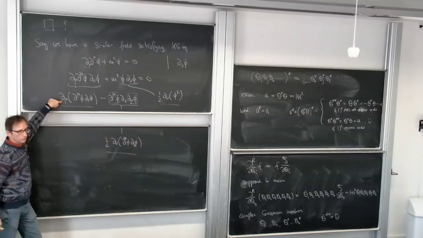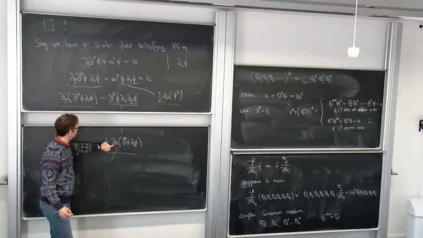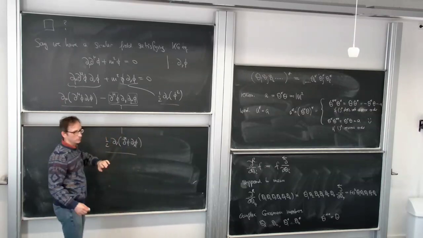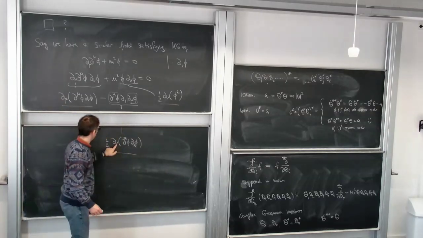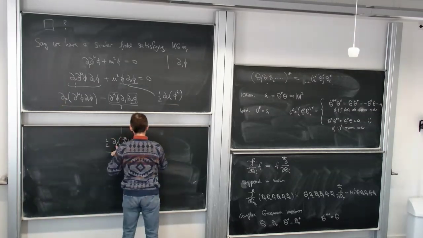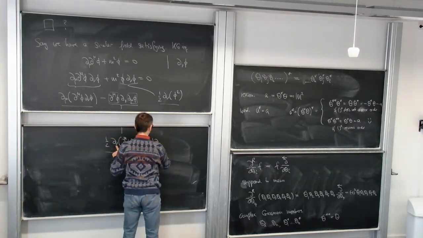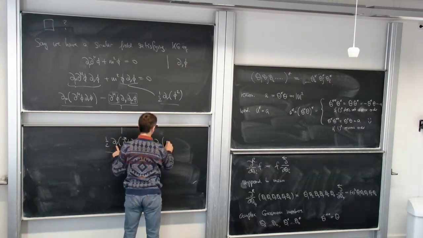The first one has the outer derivative d mu, the second d mu, the third d mu. I don't like that. I want them all the same. Here I don't want to mess with it. So this I'm going to write as 1/2 d mu. Well, that's wrong. It has to be mu, right?